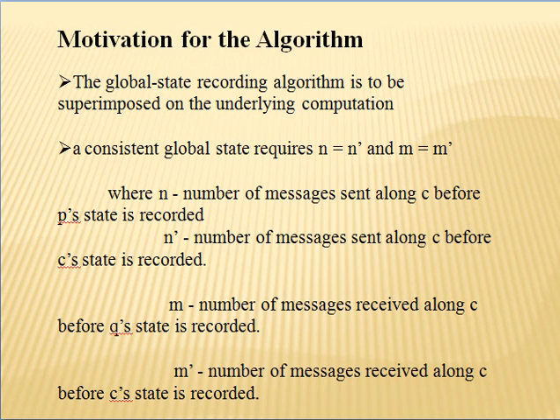Everything depends on the states recorded by the processes sharing the channel, which pass messages between them. This algorithm may send messages and require processes to carry out computations. However, the messages and computation required to record the global state must not interfere with the underlying computation.